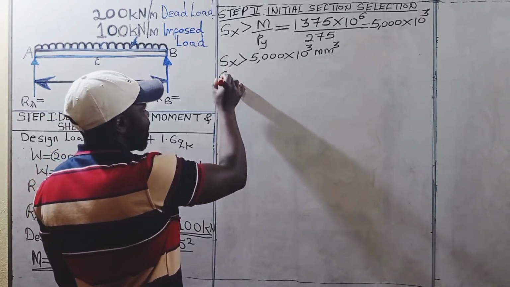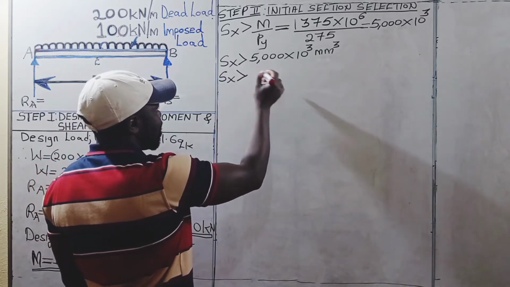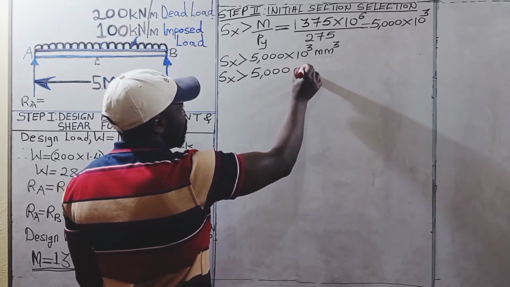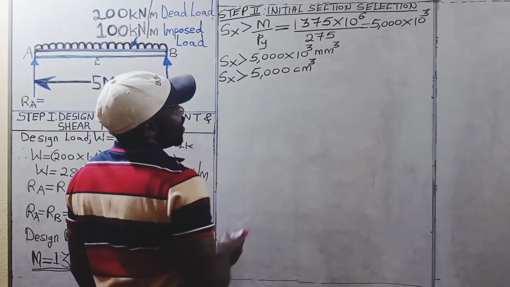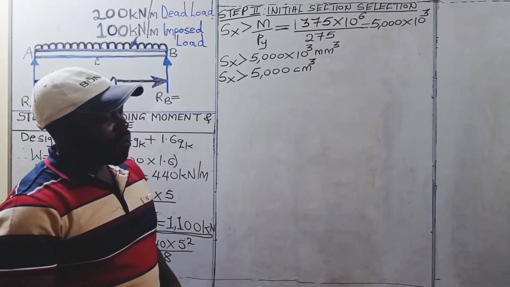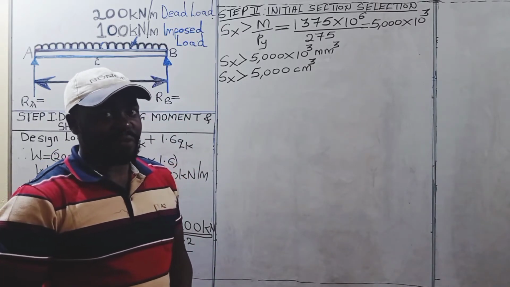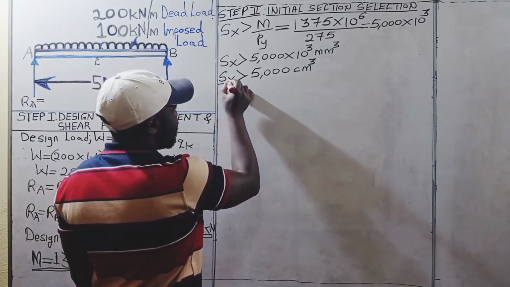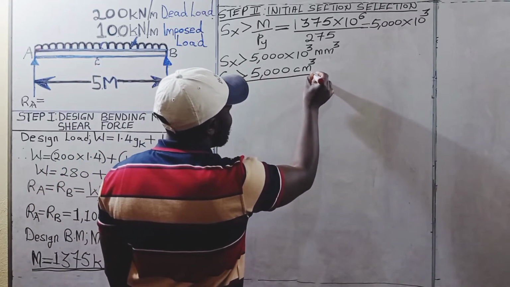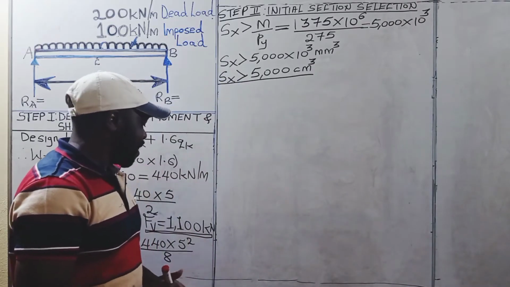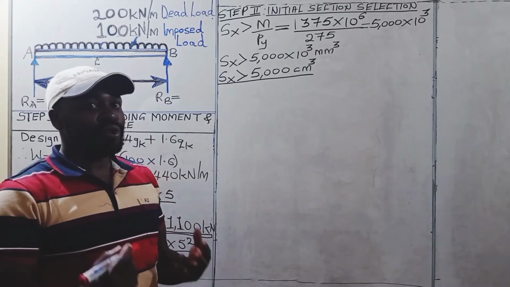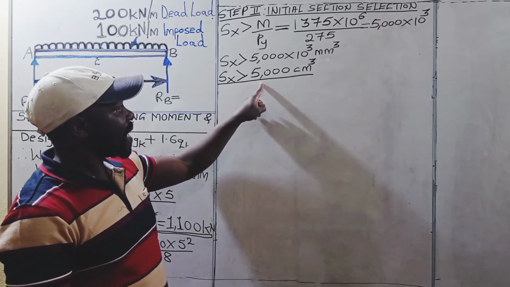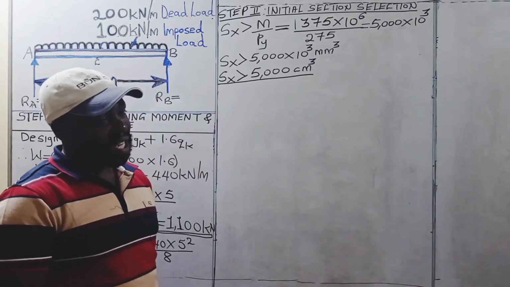And this means now that the plastic modulus will be greater than 5,000 cubic centimeters, since 1 cubic centimeter is equivalent to 1,000 cubic millimeters. And therefore, the serial sizes of the sections you are going to choose must have a plastic modulus greater than 5,000 cubic centimeters.